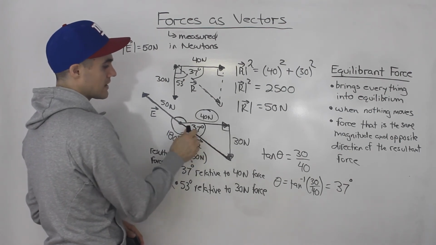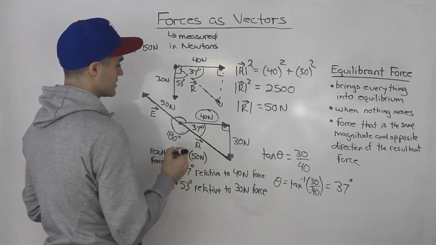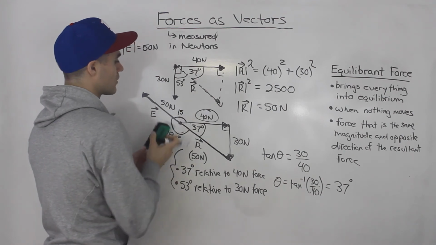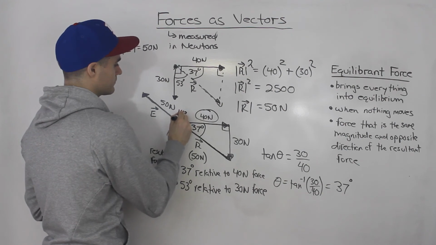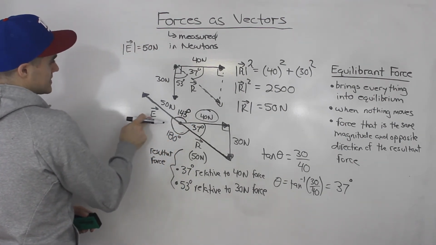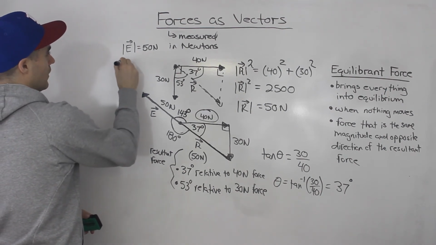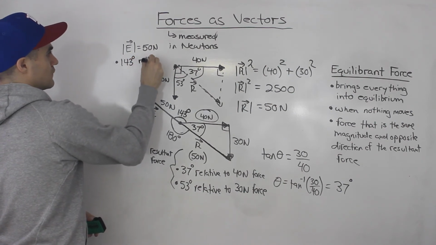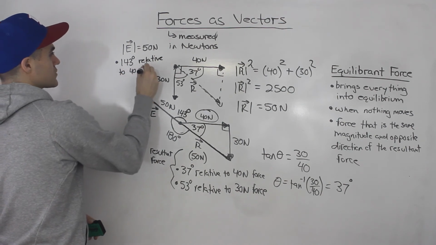It's just going to be 180 minus 37. 180 minus 37 gives us 143 degrees. Right? So we can say that equilibrium force has a direction of 143 degrees relative to the 40 Newton force.